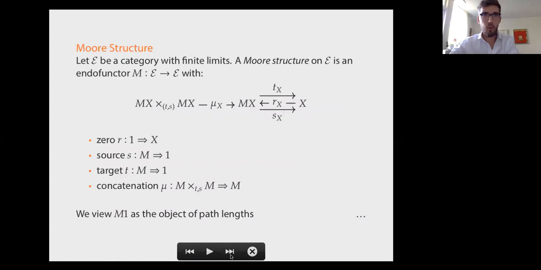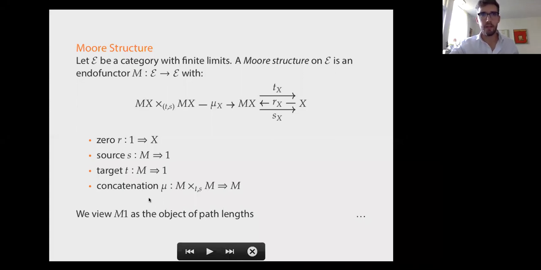Right, so what is Moore structure? I'll mostly talk about the first part, because without the first part there's really no point in talking about the second part. But because of time, I'll keep the second part short, unfortunately. So what is a Moore structure?